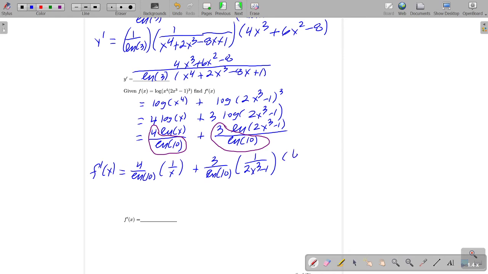Chain rule is 6x squared. So this is going to be 4 over natural log of 10 times x, plus, well, 3 times 6 is 18x squared over natural log of 10 times 2x cubed minus 1.